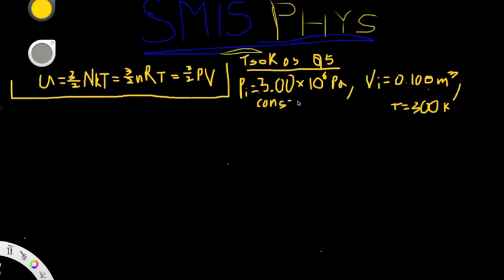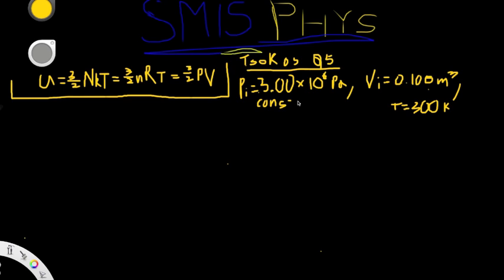pascals, initial volume 0.1 meter cubed, and temperature 300 Kelvin. Pardon me. The pressure is kept constant. The initial volume is 0.1 meter cubed, and the temperature is 300 Kelvin.